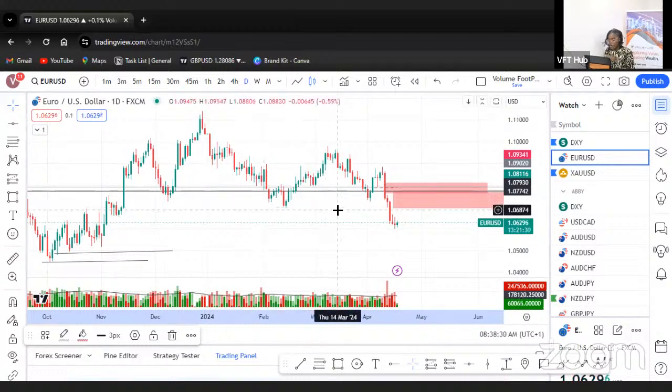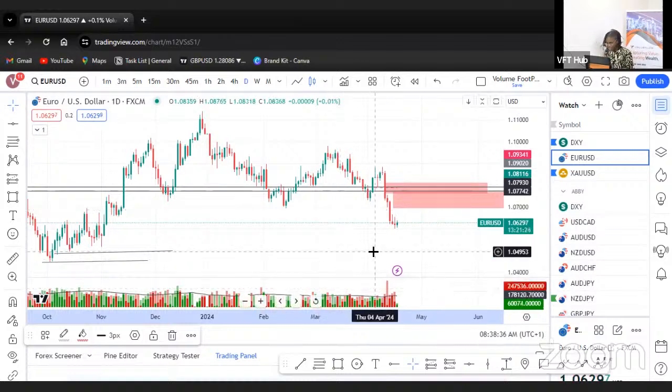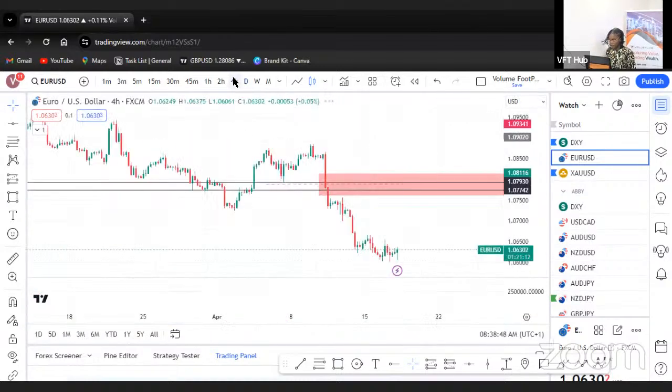We're looking to catch a retracement, a buy to sell. The overall trend, as we have already established, is a downtrend. So any buy we're taking is just a retracement, buying to sell, for the Euro USD.